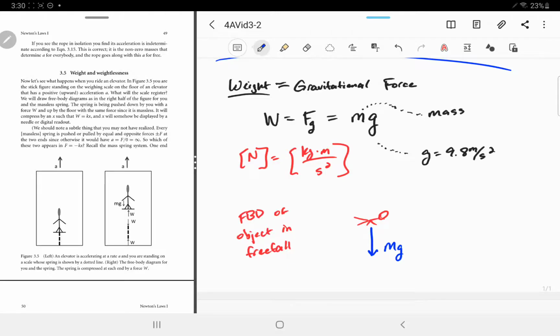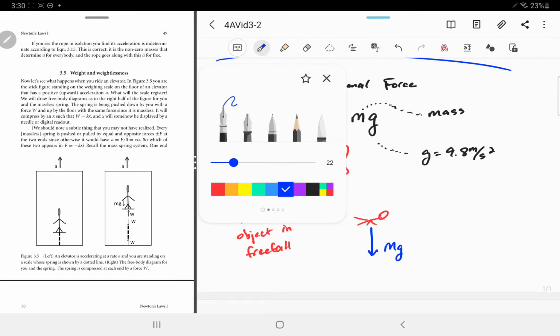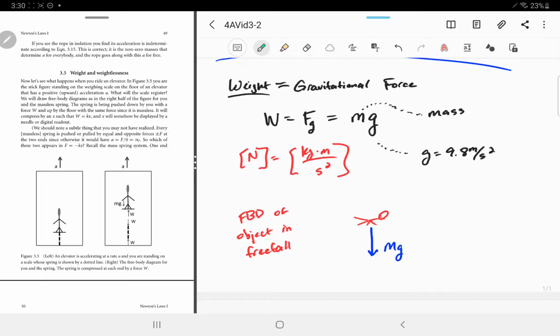Okay, so our free body diagram only has one force. And then separately we can use Newton's second law. Say this is the plus y direction. The sum of the forces in the y direction equals mass times the y component of acceleration. Here there's only one force, so the sum of all of the y components of the forces is just mg.